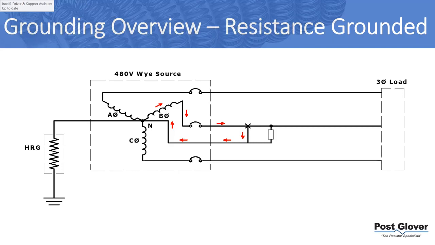Getting back to this, you're essentially bypassing the purpose of a high resistance ground. The purpose of a high resistance ground is to be the sole path, besides the inherent capacitive charging current, which forces the current to go through the resistor and impedes the current that goes through.